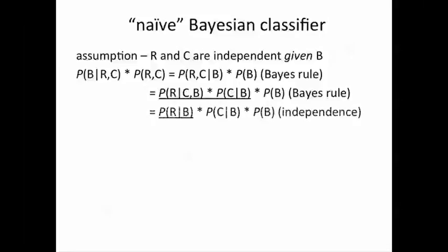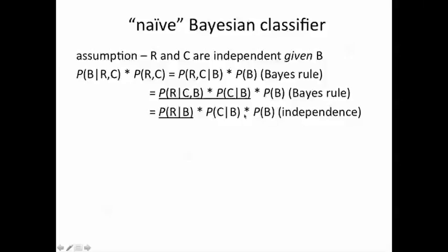Now comes the independence assumption. The probability of R given C and B, or A or whatever else, doesn't matter, because of independence of R and C, is the same as the probability of R given whatever else was there on the conditional side.